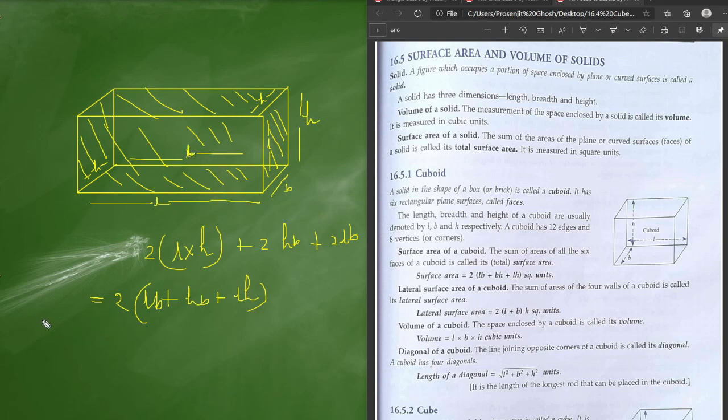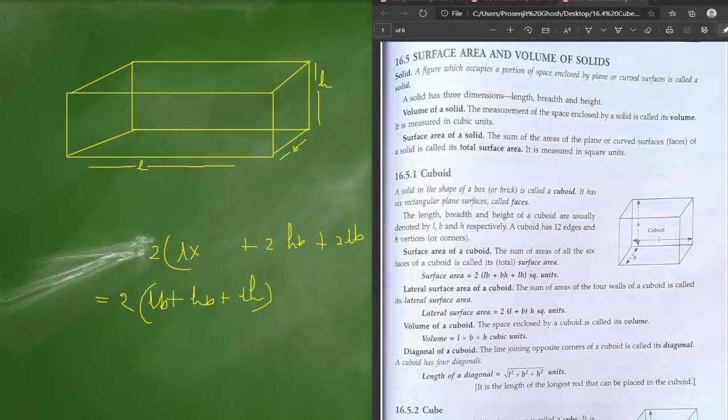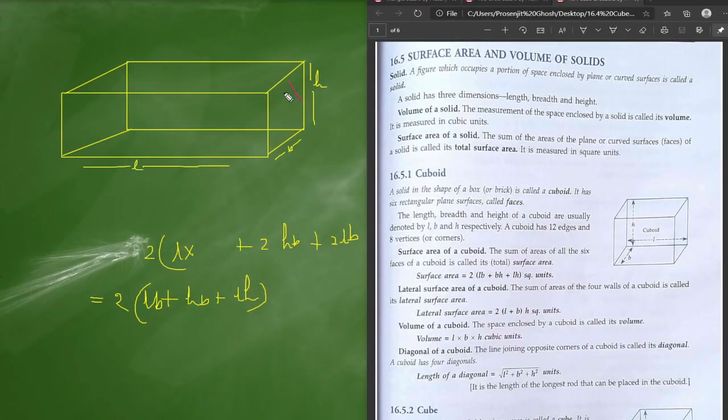Okay. So for this kind of measurement, all you need to find first is the area of this and the area of this. Let me use another color. So now we need to find the area of this side. Also we will add this with another side, that is this. So it will be H into B, so 2H into B for both of them.